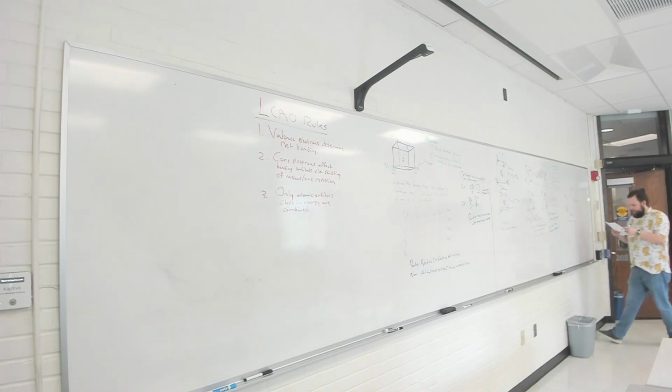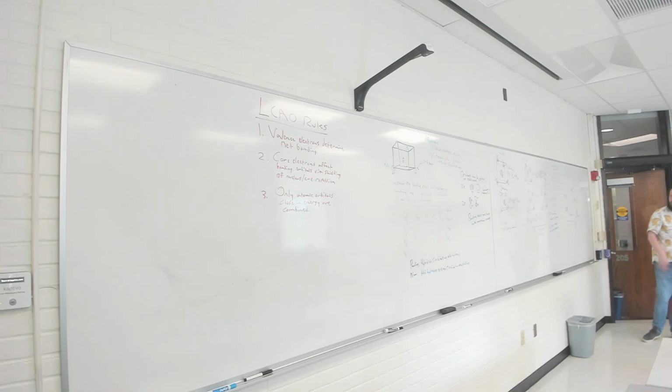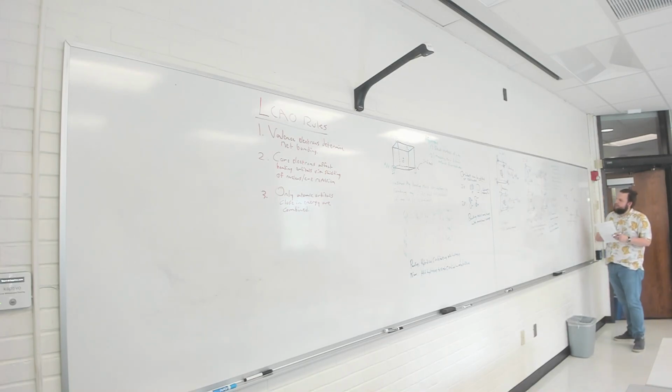All right, and then what do these look like? Well, it's really easy to draw this like this. That's our symmetric combination of all the orbitals. That's the most bonding one.